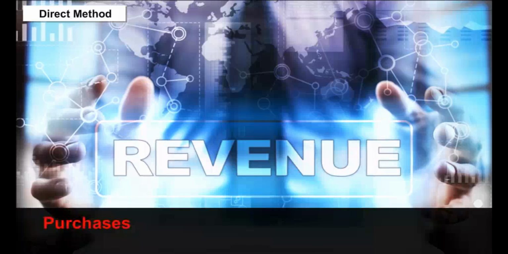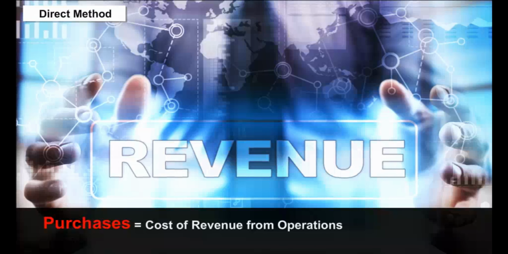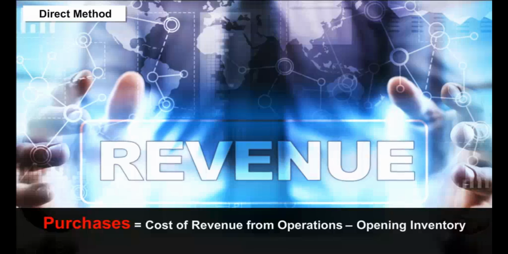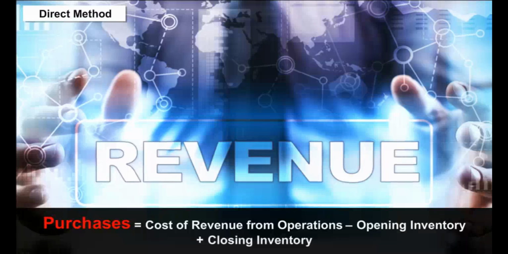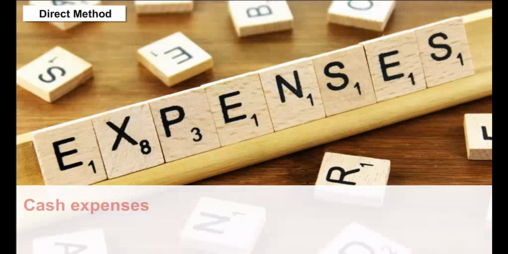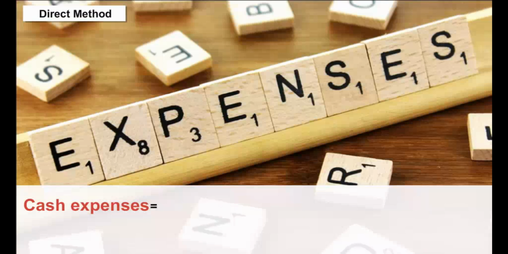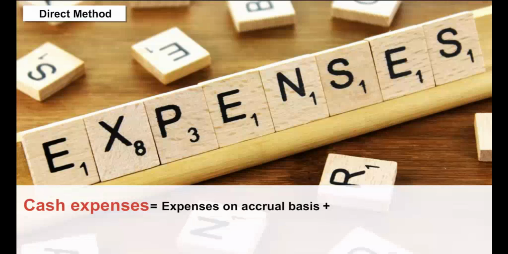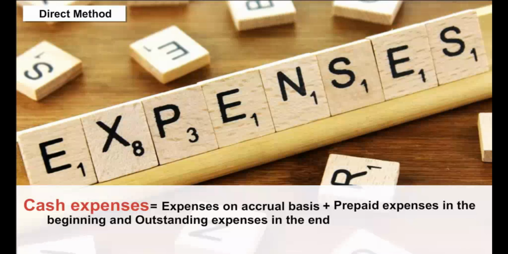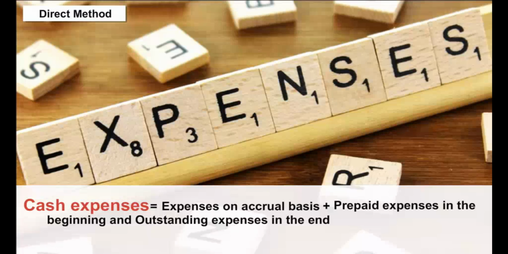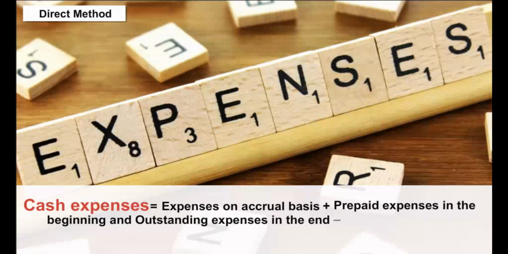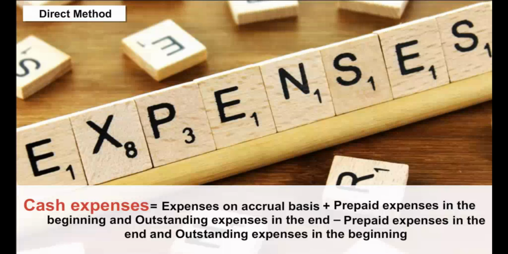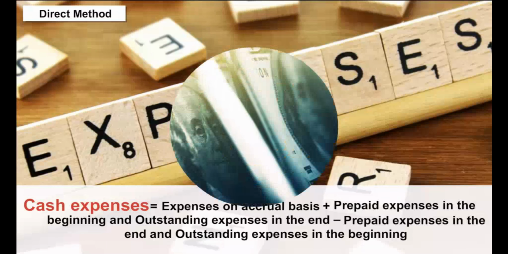C. Purchases equal to cost of revenue from operations minus opening inventory plus closing inventory. D. Cash expenses equal to expenses on accrual basis plus prepaid expenses in the beginning and outstanding expenses in the end minus prepaid expenses in the end and outstanding expenses in the beginning.